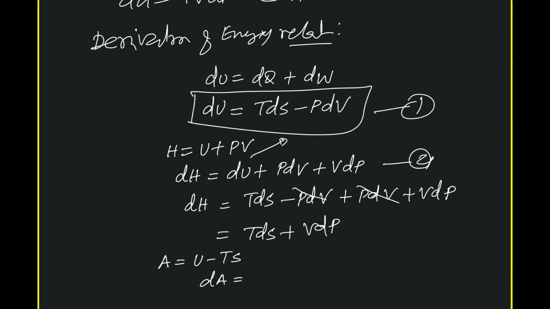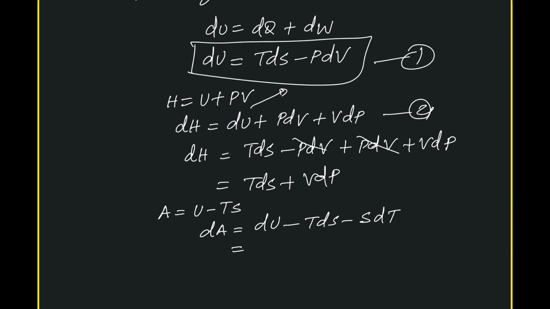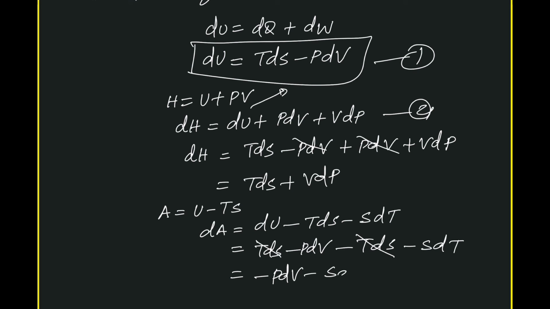Equal to dU minus TdS minus SdT. So dU is equal to TdS minus PdV, and here already that is TdS minus SdT. So this TdS and TdS getting cancelled, so we have minus PdV minus SdT. That is the expression for dA.